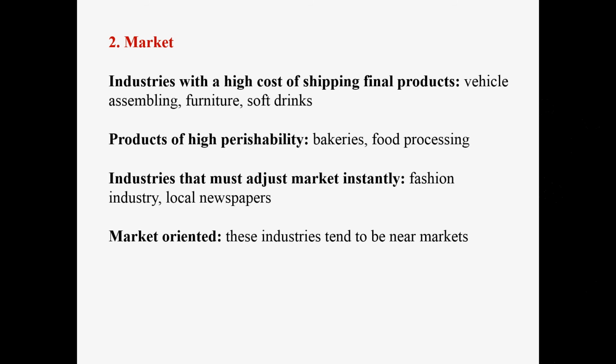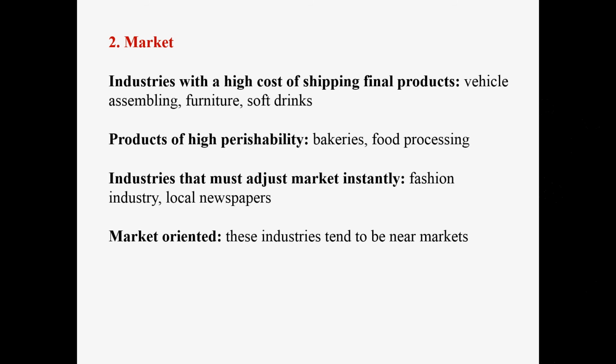Okay. Also, those products that are highly perishable, such as bakeries and food processing, where you want to make sure that the bread and cakes are fresh, you want those products to be close to the site of consumption.